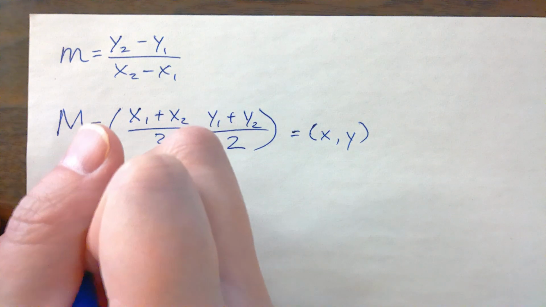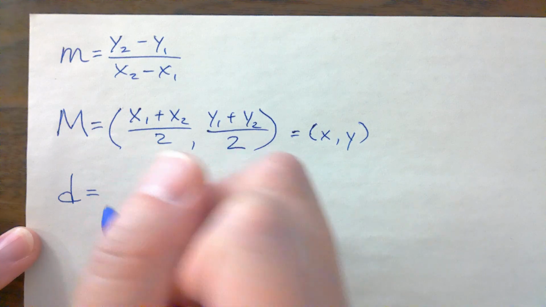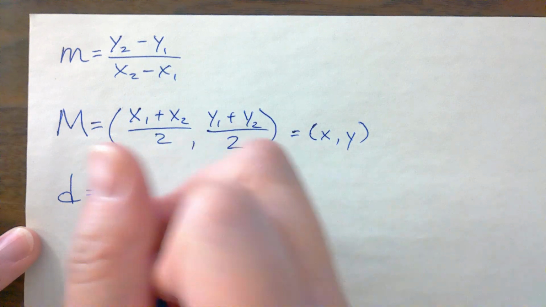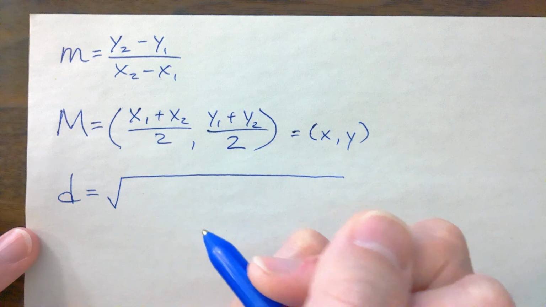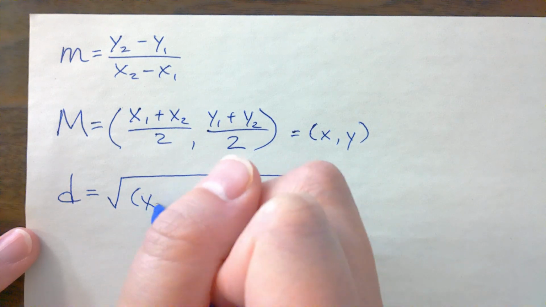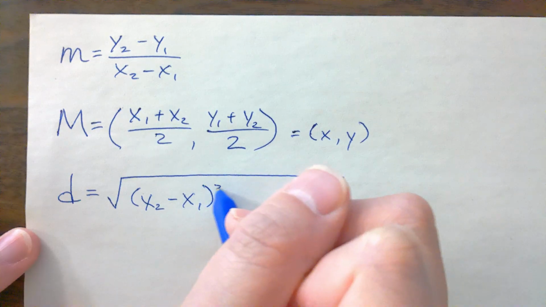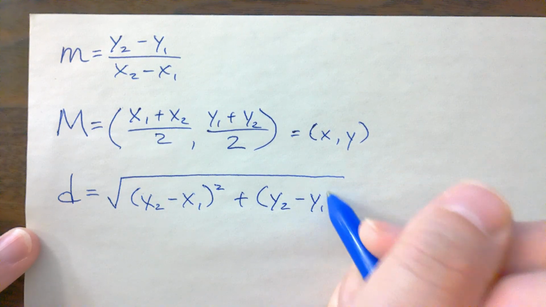What about distance? Distance formula. William, since I know you know it, you were showing Tayden. Distance is x2 minus x1 brackets squared plus y2 minus y1 brackets squared. Good.